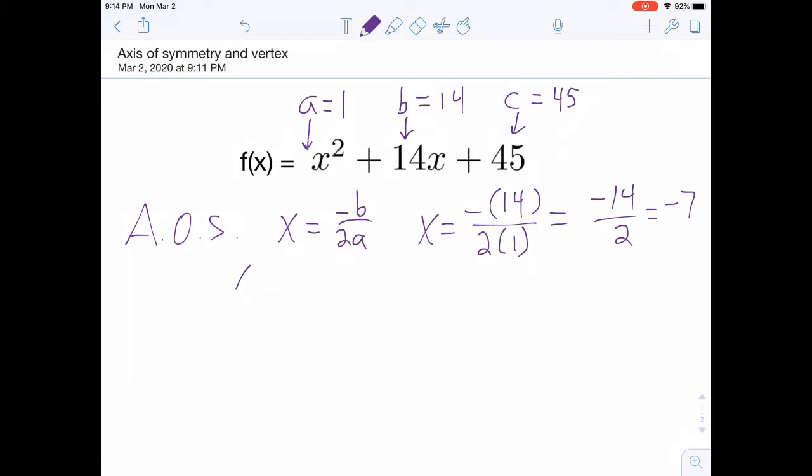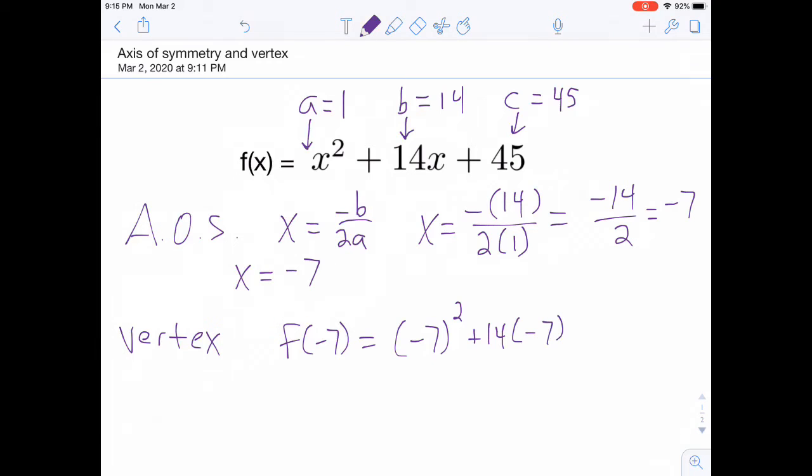So my axis of symmetry, that vertical line that would cut this parabola in half, would be x equals negative 7. Now we did say that the axis of symmetry value is the x value in my vertex. If I want to find my vertex, which is a point, I'm going to plug negative 7 into this function here: negative 7 squared plus 14 times negative 7 plus 45.